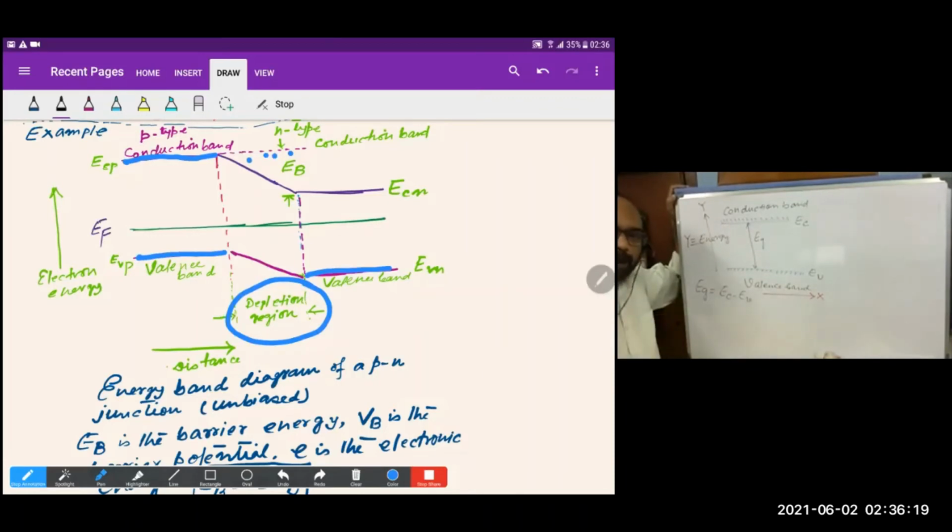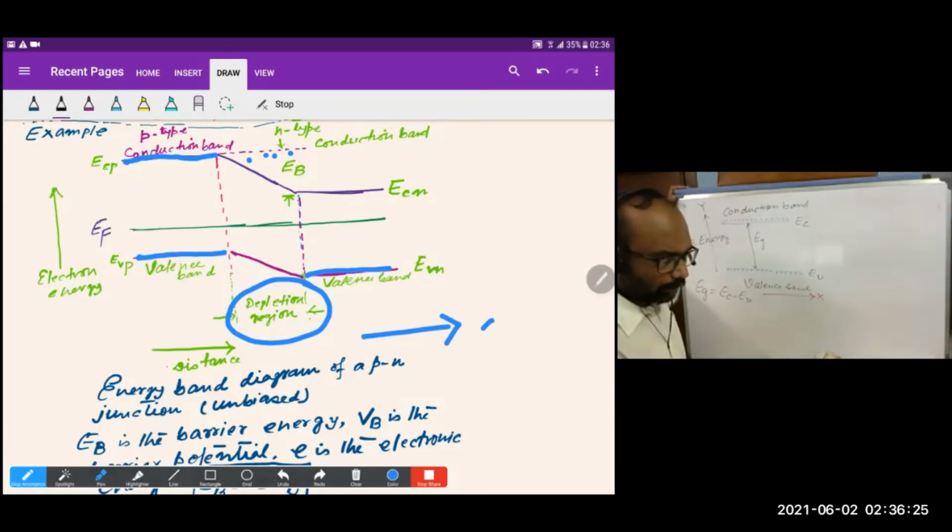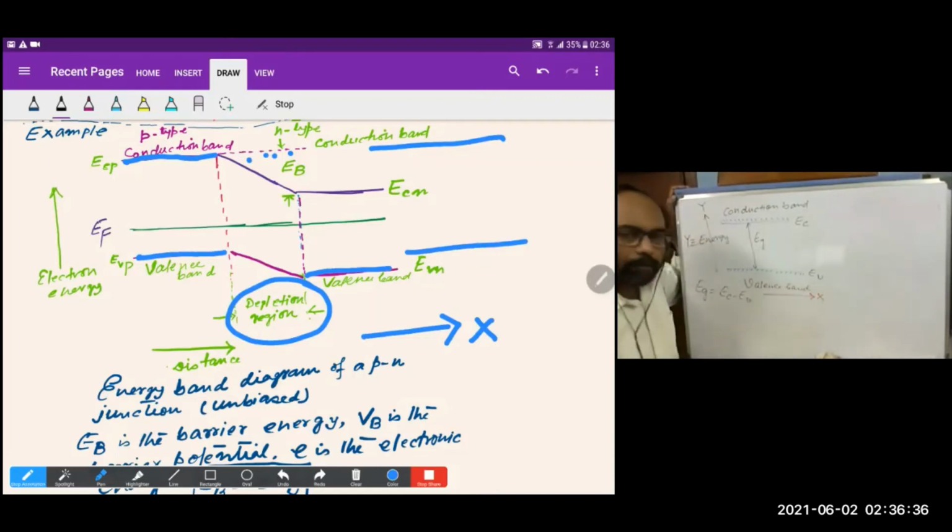And in that picture, you will always see that the x-axis is your distance. This is also like a flat band. Only we have the depletion region, and we have barrier potential, and we have barrier energy, so on and so forth, because of the movement of the electrons and the holes.